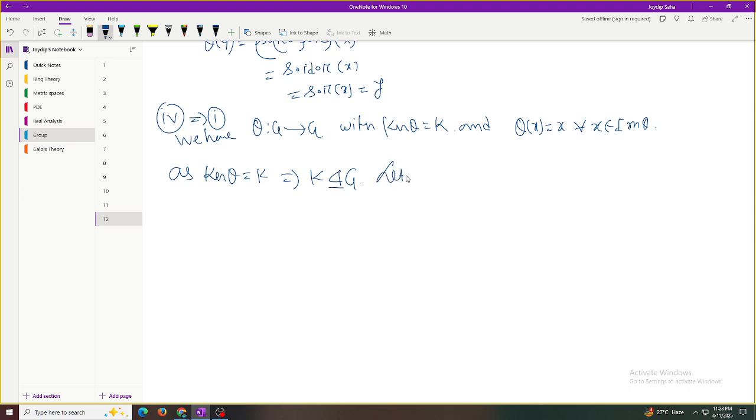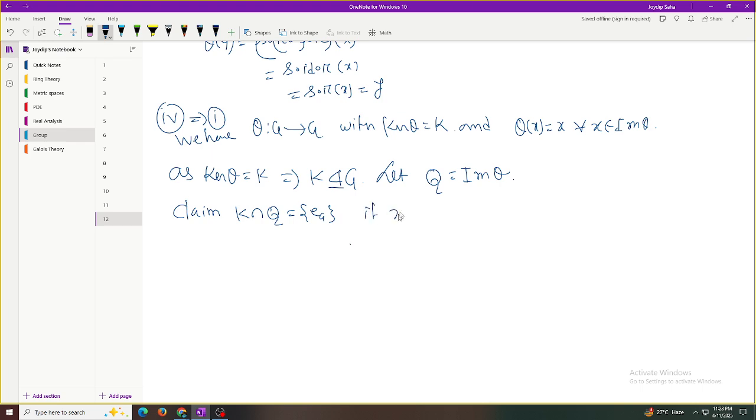Let Q equal image theta. Claim: K intersection Q is identity. Okay, K intersection Q is identity.